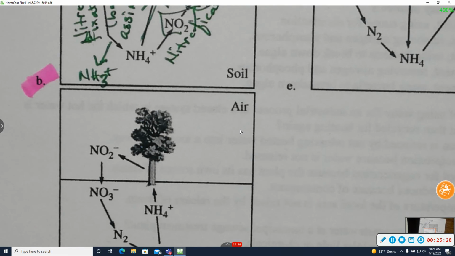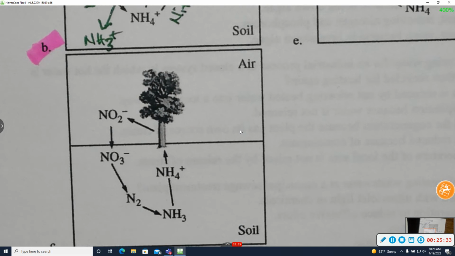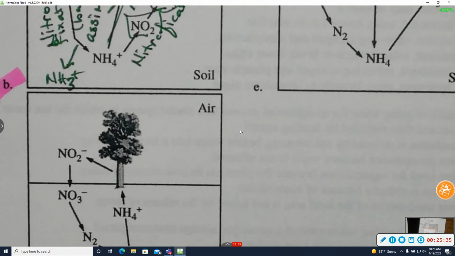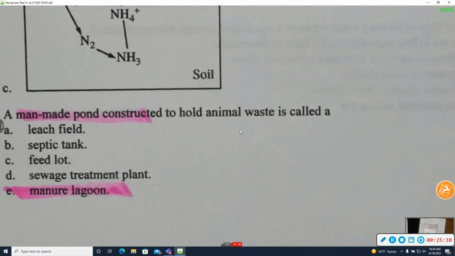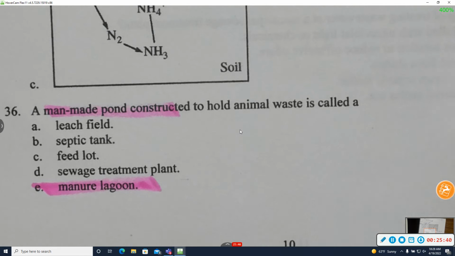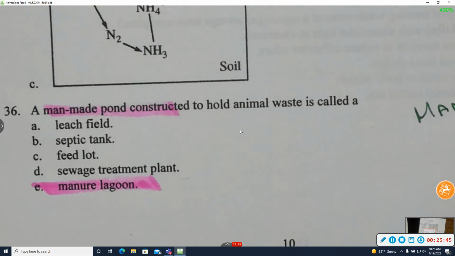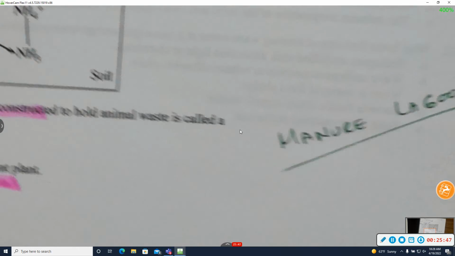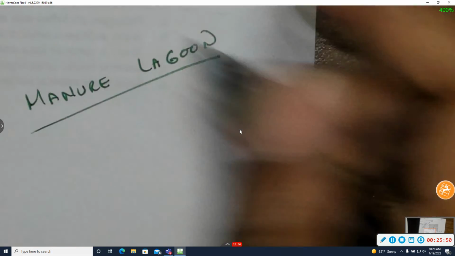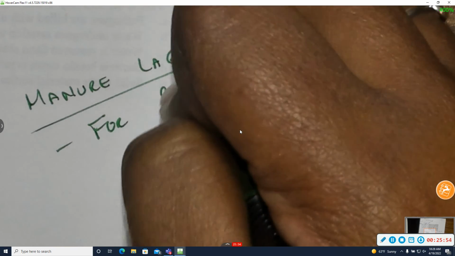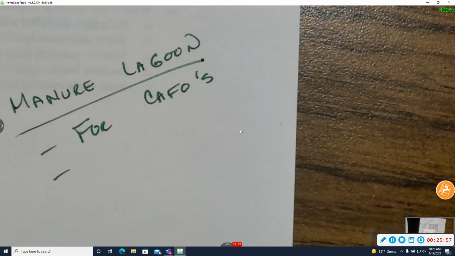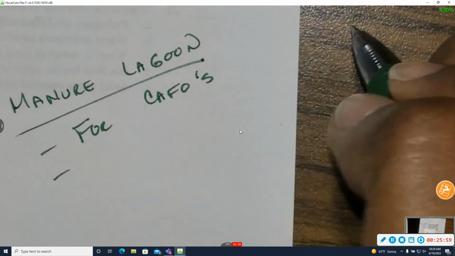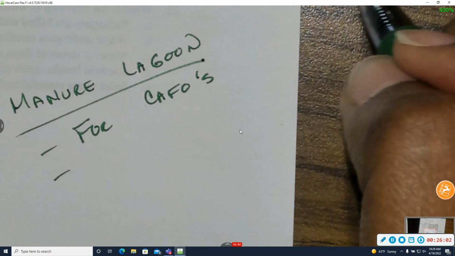Man-made pond constructed to hold animal waste. That's called a manure lagoon. Remember that a manure lagoon is for CAFOs, and CAFOs are your concentrated animal feeding operations.